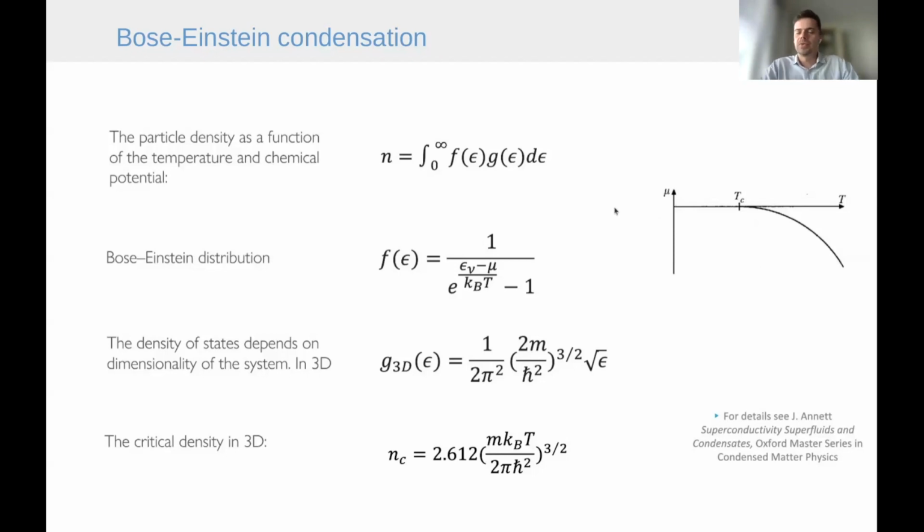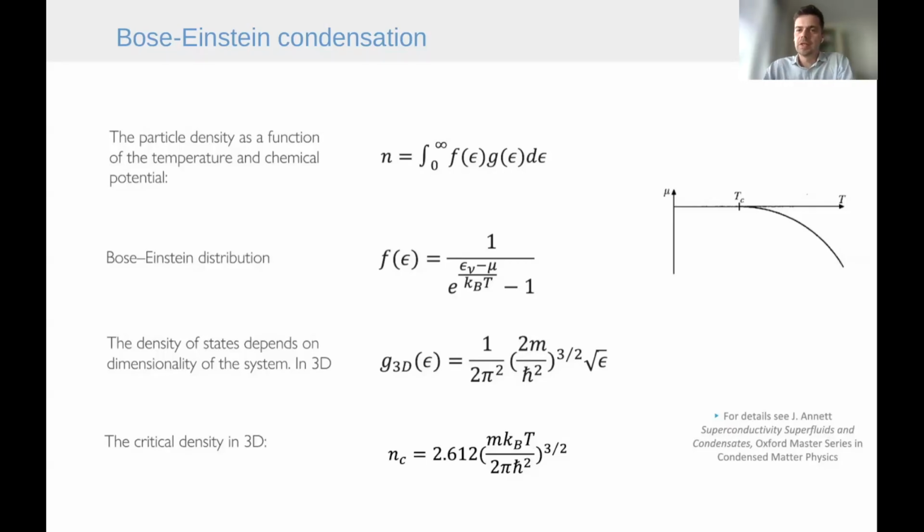But one can ask, what happens if we have more particles than the critical number of particles for a certain temperature? What happens with the rest of the particles? Well, this is where the Bose-Einstein condensation occurs. Because in this formula, I didn't say that, but we made some strong assumption. We approximated the state distribution as a continuous function of energy. But actually in a finite size system, we always have discrete energy levels.